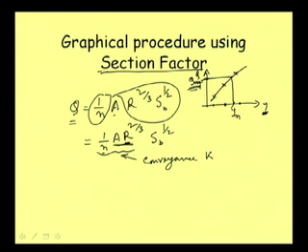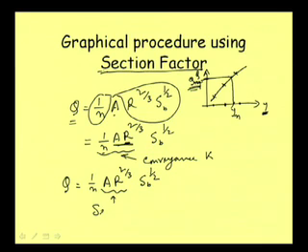So, we can again separate out from here, that is Q is equal to 1 by n, then A R to the power 2 by 3, and then S_b to the power half. This we call as a section factor. Okay.